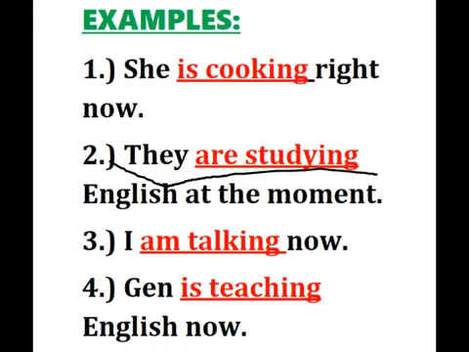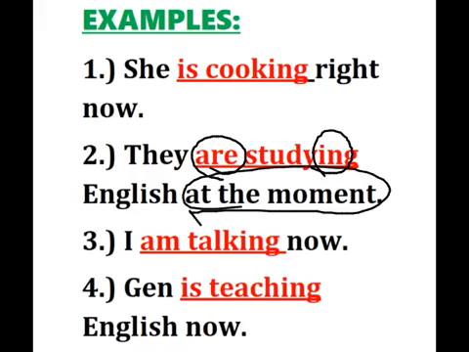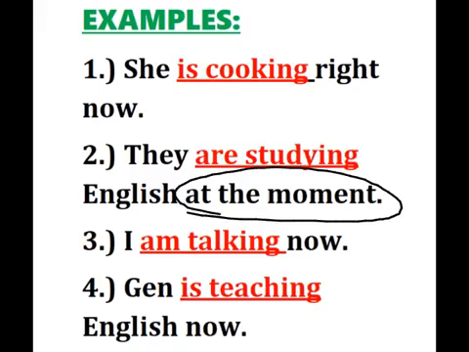When you say they, it means more than one, many. So it should be are, and you have to put ing. That's your keyword. That's why you are using are studying, because your keyword is at the moment. It means right now, at the moment of speaking, you are studying.